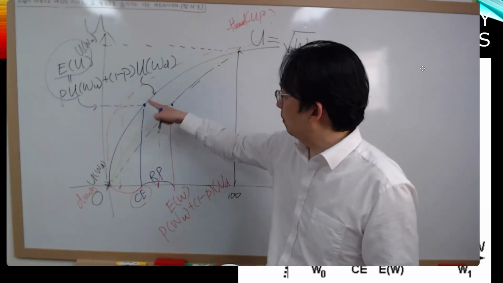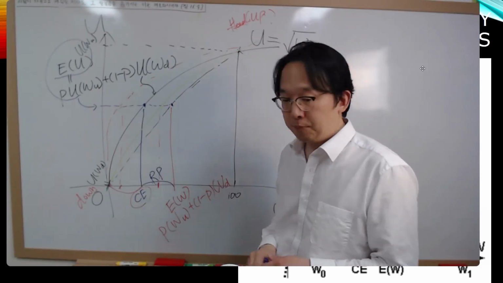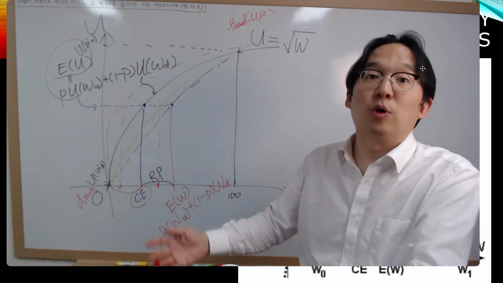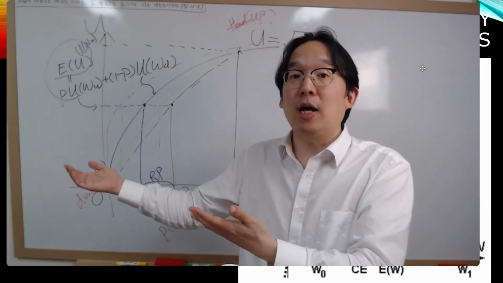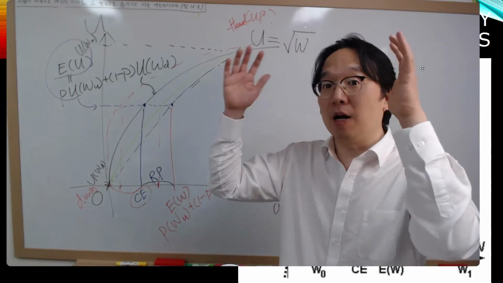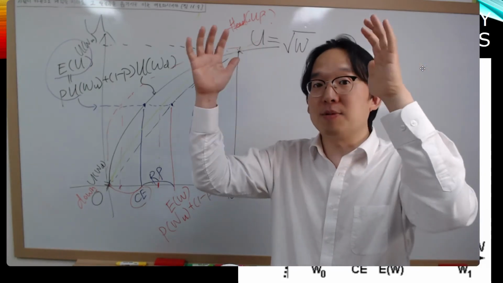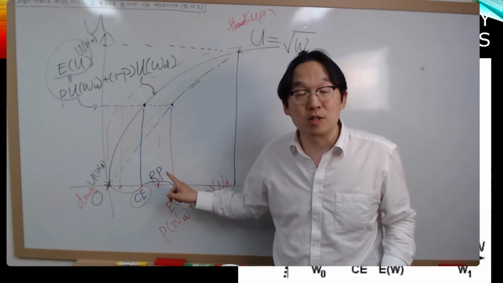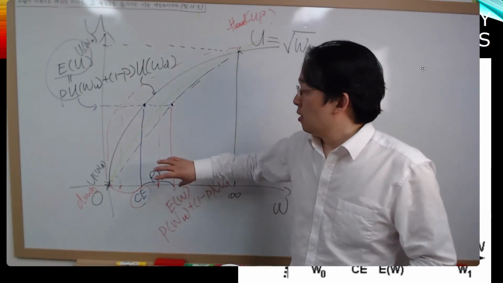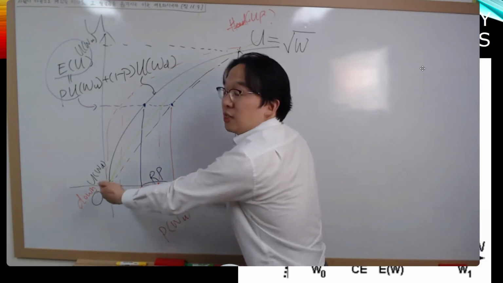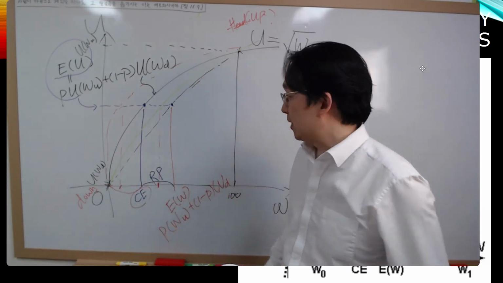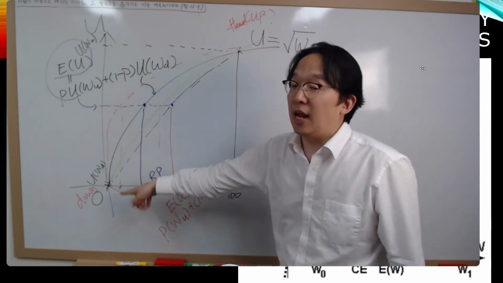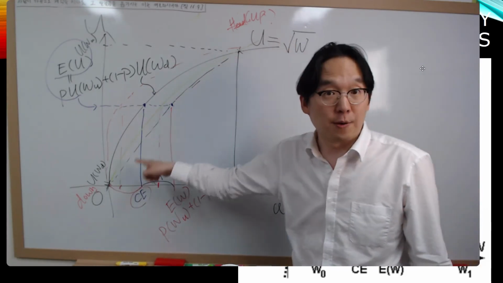If you hate to take risk, you charge more risk premium. Remember that CAPM, beta times Rm minus Rf? That had to do with this risk premium. The more risk averse, the more risk premium you charge, right? That's the idea. Now, this is a risk averse agent's utility function.